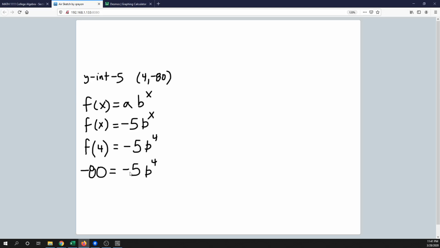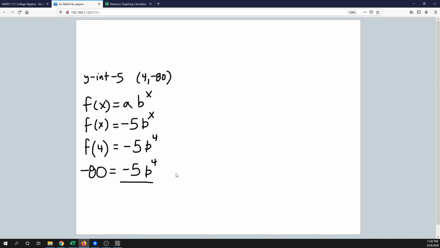And now I have an equation that I can solve to get B, okay? The first thing I want to do to solve an equation like this is to isolate this B over here. I want to get B to whatever power it is by itself on one side of the equation.